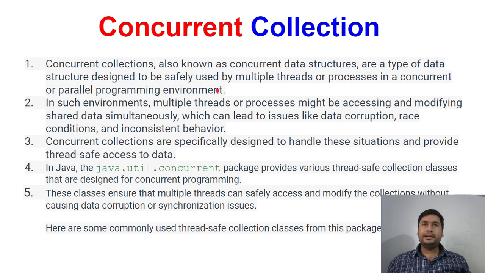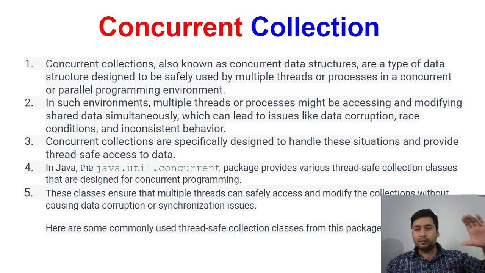Right now, the collections we have, like Hashtable and Vector, are thread safe, that is fine, no issue in that. But the performance of Vector and Hashtable is very low, because they block or lock the entire collection for one thread.